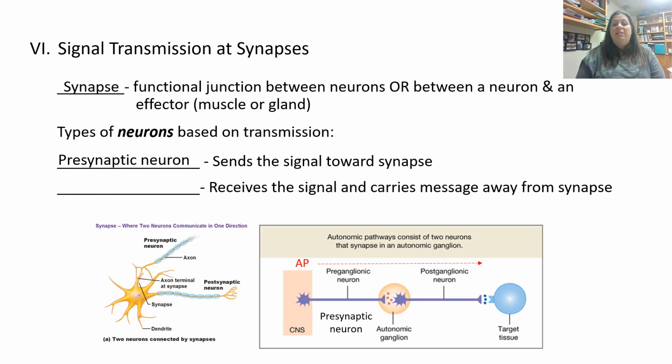It's the one that's actually going to be sending the signal towards the synapse. Like you can see in this picture, we have the synapse that's highlighted here. The one before the synapse is the presynaptic neuron. The postsynaptic neuron is going to receive the signal and carry the messages away from the synapse. So it is after the synapse. That's where the post comes in. So we have presynaptic, we have postsynaptic.